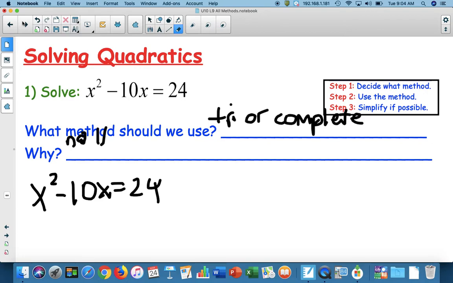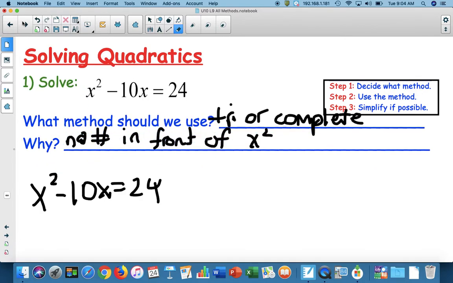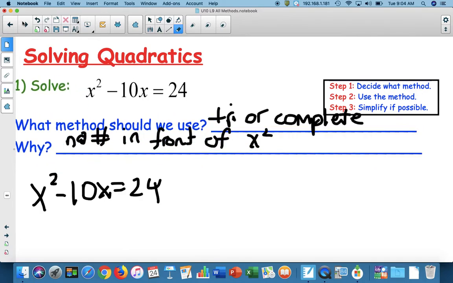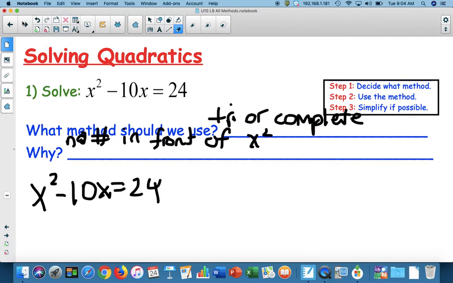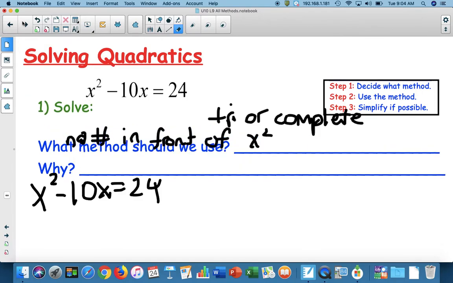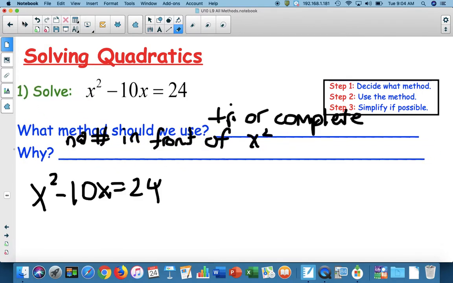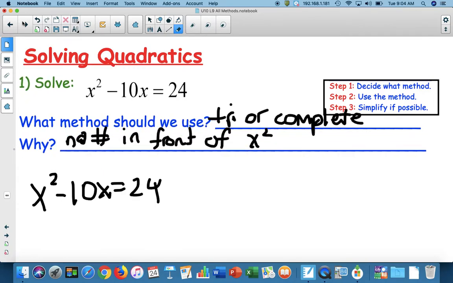No number in front of x squared. I know you're going to comment, give me 1 second. Oh, why is this being so difficult? There we go, that's as good as it's going to get.